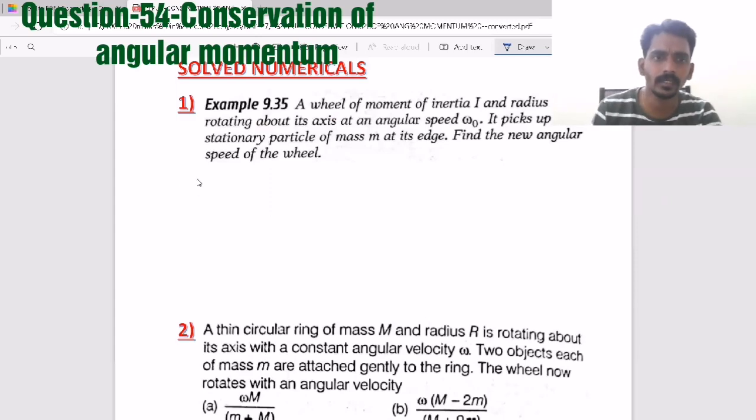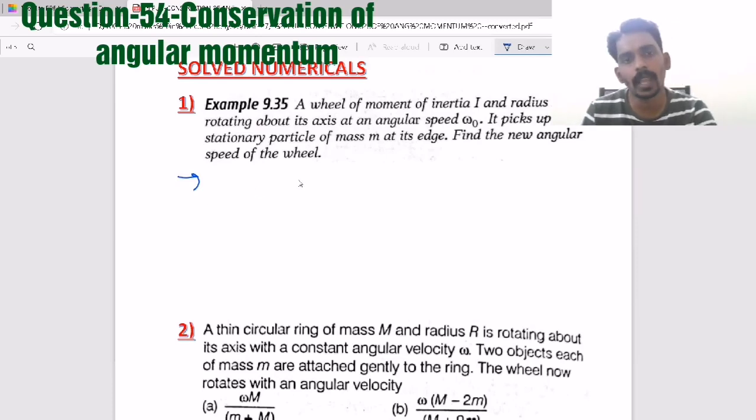The very first one: a wheel of moment of inertia I and radius R is rotating about its axis at an angular speed omega naught. It picks up a stationary particle of mass m at its edge. Find the new angular speed of the wheel.